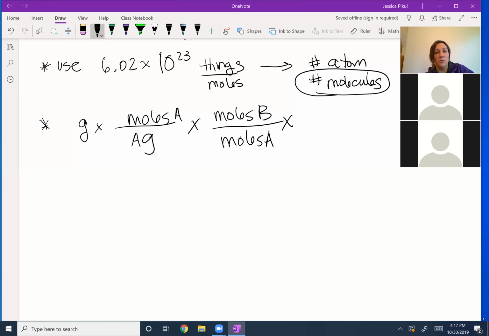And so that's when you would use the 6.02 times 10 to the 23rd molecules per mole. So look for that language, molecules or atoms, and that's when you know to use that. Whenever I see that in a problem, I usually just write it out right away underneath it because I know I'll probably have to use it.